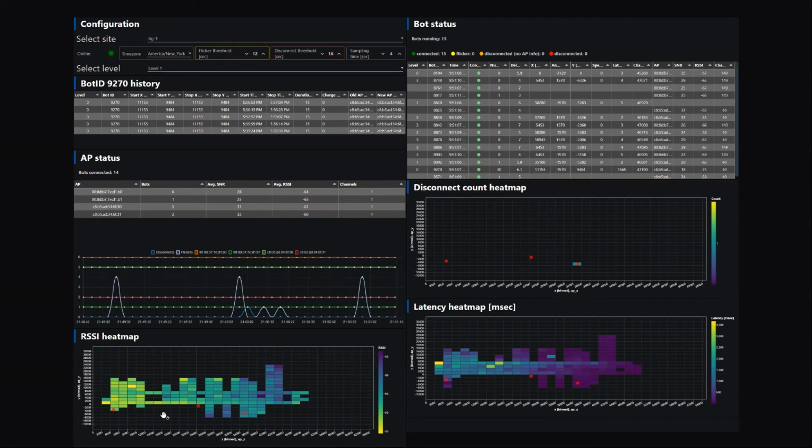Maybe there's some algorithm that you need to adjust to make the RSSI and latency more balanced over the locations of the robots. So the data can really give you a lot of insights into your equipment, into your instruments.